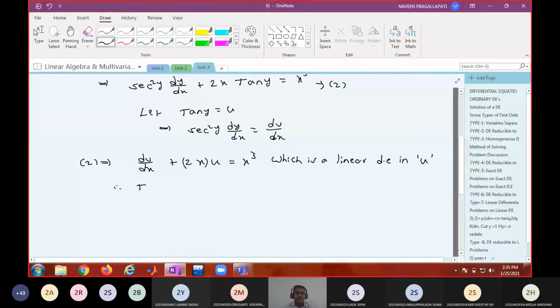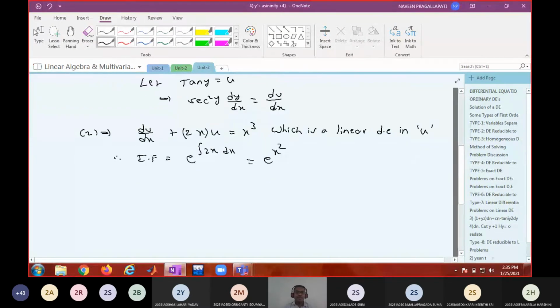Therefore, what is the integrating factor? E power integral 2x dx. What is this integration? E power x square. Am I right? Therefore, call this equation 3.